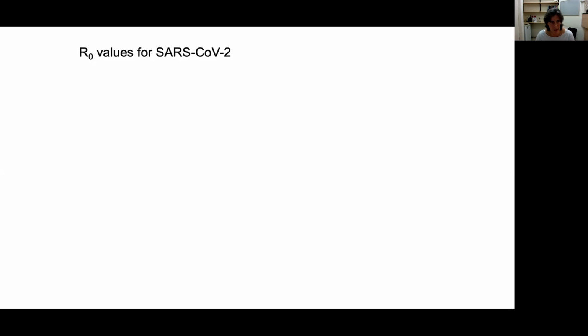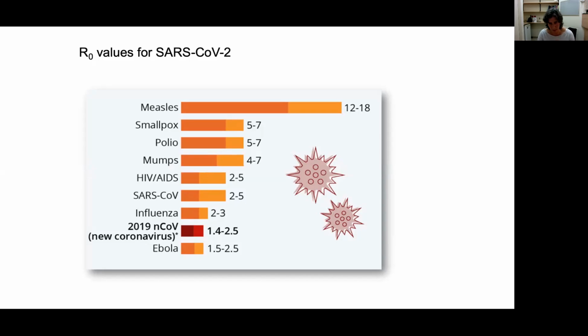So how infectious is this virus? So basically, all of you heard that by now. We define infectiousness by the average number of people that are infected from each person that is infected. This number is defined in epidemiology as R0.